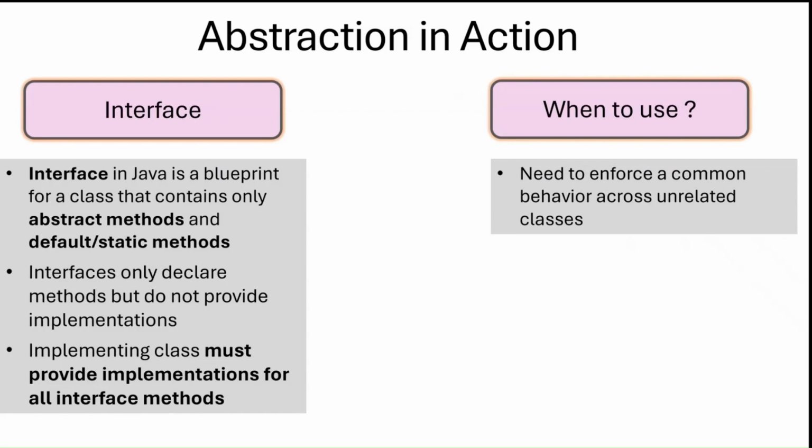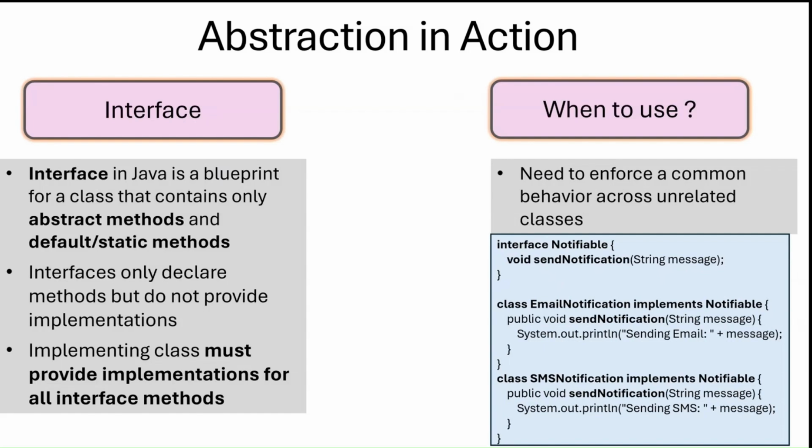When we need to enforce the common behavior across unrelated classes. For example, let's say we have this Notifiable interface, which has this sendNotification method. But this sendNotification method can be written in EmailNotification or SMSNotification.